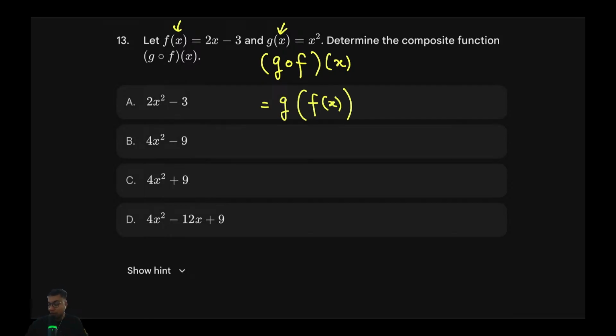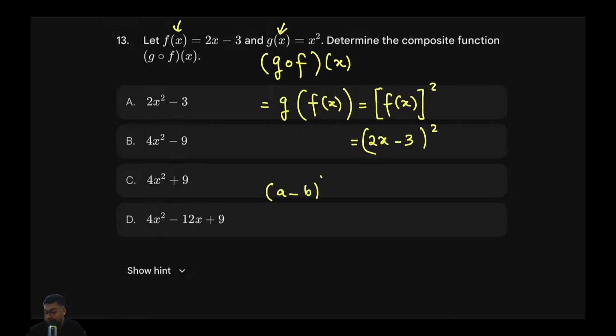And what is g of x? g of x is x squared. So that means g f of x is going to be f of x squared. So that's going to be 2x minus 3 squared. We can apply the formula a minus b squared is a squared minus 2ab plus b squared.